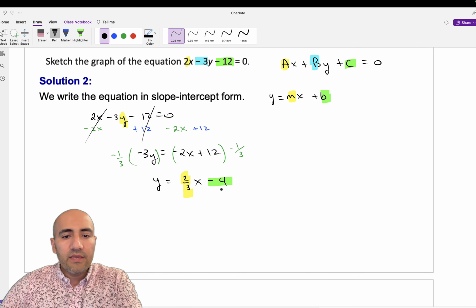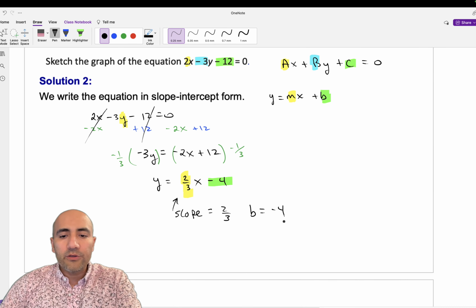From this form, I can tell that the slope is equal to 2/3 and that the b value is equal to negative 4, which means that the y-intercept is the point 0, negative 4.